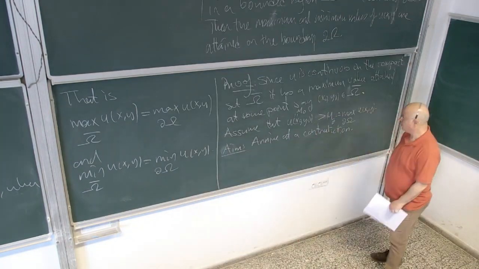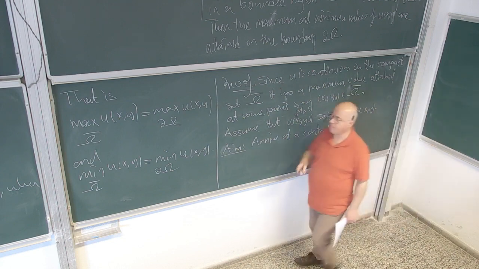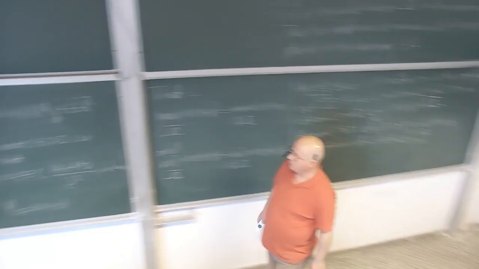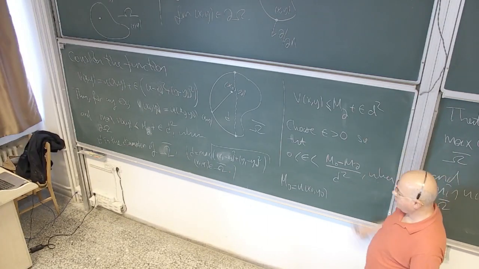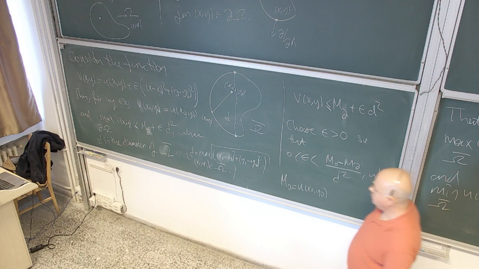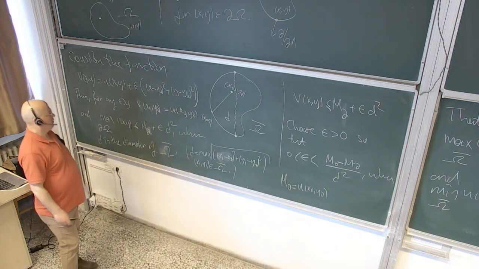Bir dakika. Right here, M0 is this value, so it is larger than this one. Hangisi? Ya aslında her nokta için geçerli. Değil mi?